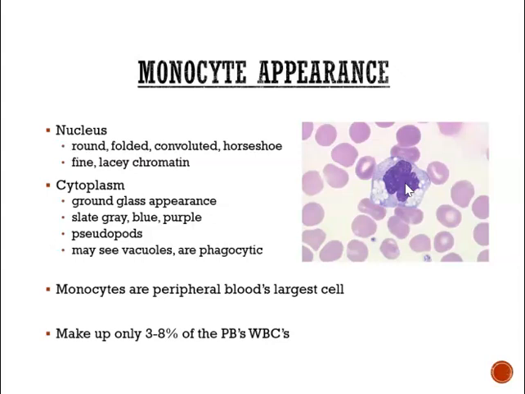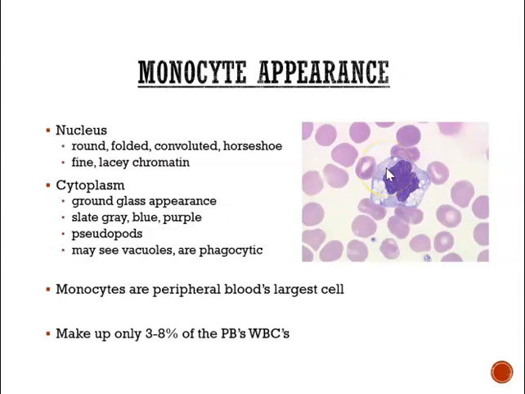The chromatin in our nucleus is known to be fine and lacy. You'll notice it's not as dense looking as some of the other cells. The cytoplasm is said to have a ground glass appearance. You have this light bluish color, slate gray to bluish, maybe even purple, but it's usually this slate blue color.